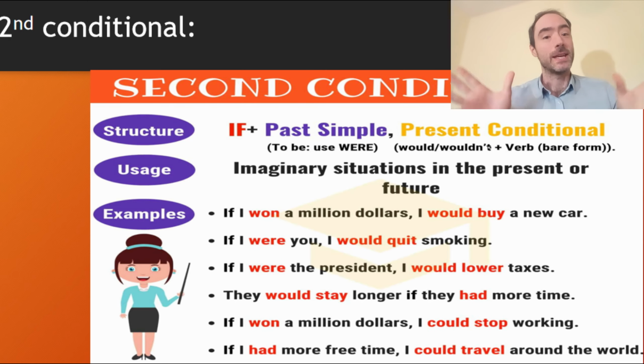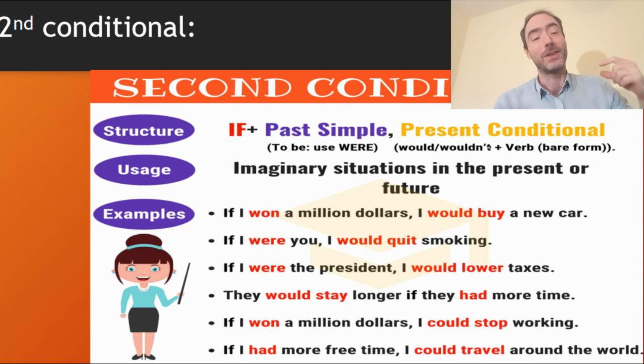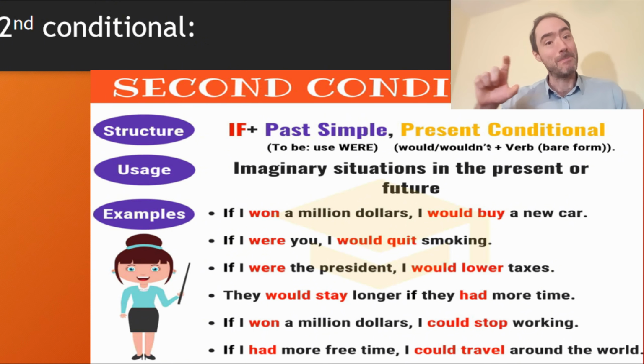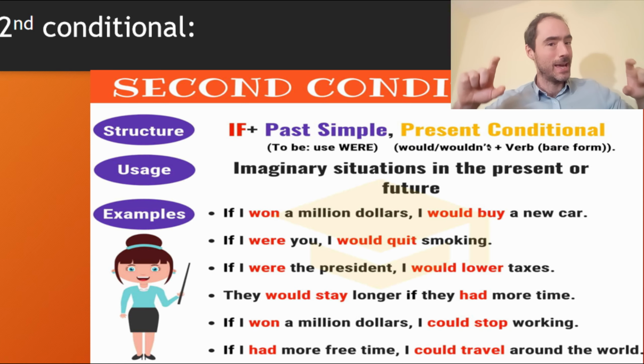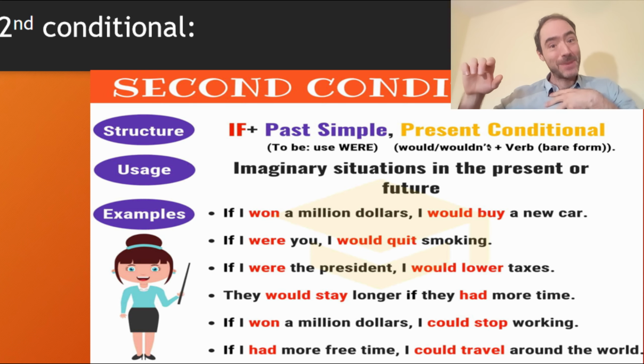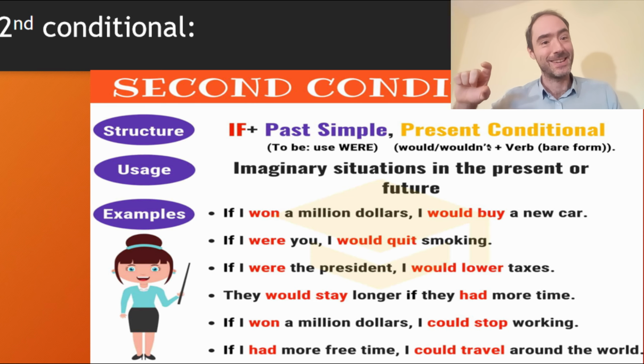Now, guys, very quickly, I just want to say if you're talking hypothetically, then you need to use the words were and would. So I am a millionaire. I can buy a castle. I am not a millionaire, but if I were a millionaire, I would buy a castle.